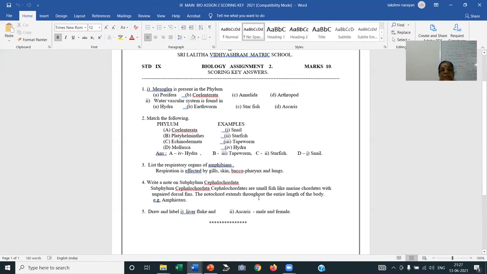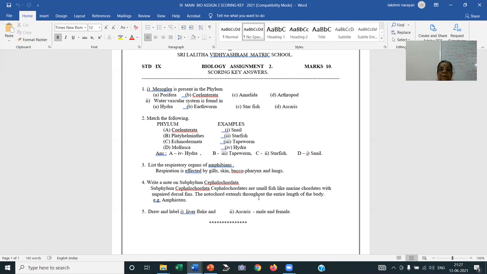Then list the respiratory organs of amphibians. Their respiration is effected by gills, skin, buccopharynx, and lungs. Amphibian animals, as the name says, live in both land and water.